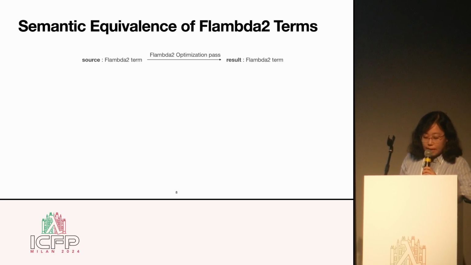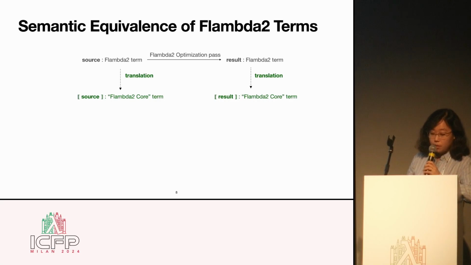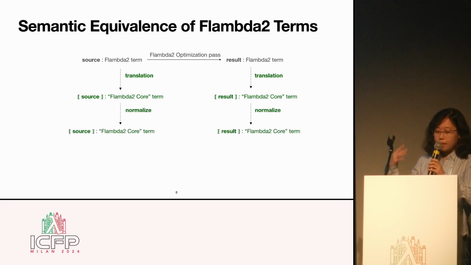And in order to validate this, we actually define a translation to what we call a Flambda2 core term, which is a new IR that we defined in this validator, which is a more lambda calculus-like view of the IR. And then we defined a normalization scheme for this Flambda2 core term so that, for these translated terms, we can check for alpha equivalence.